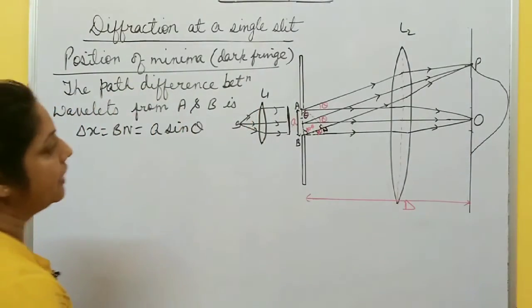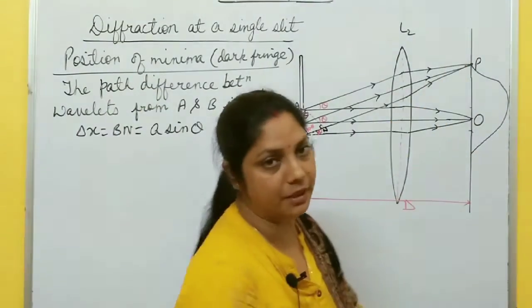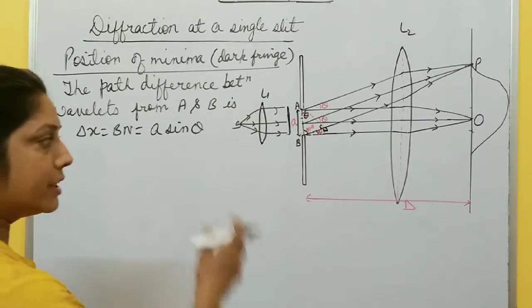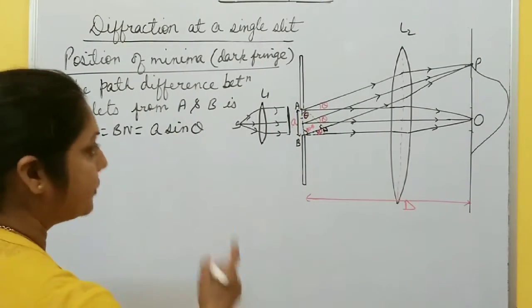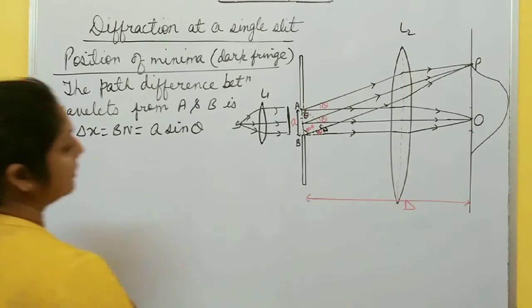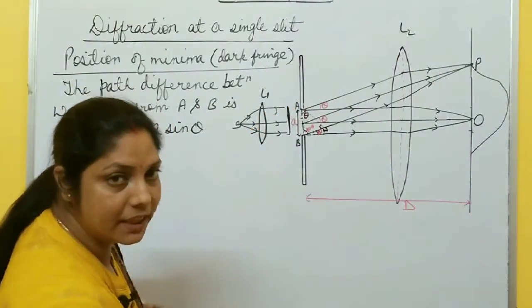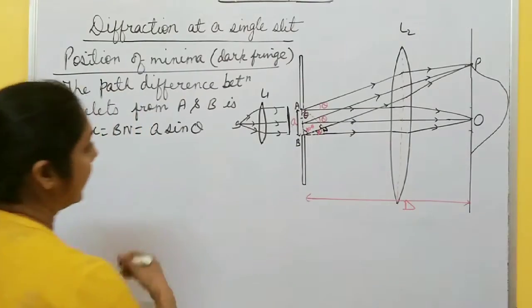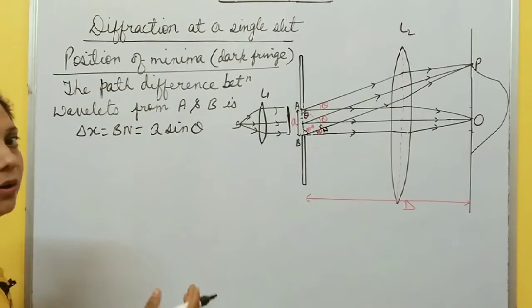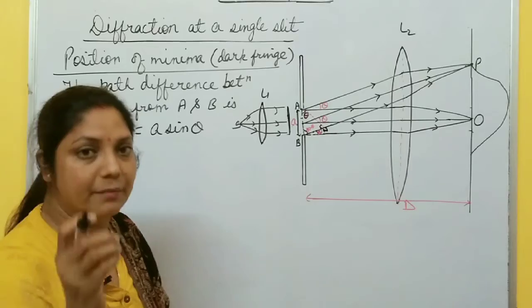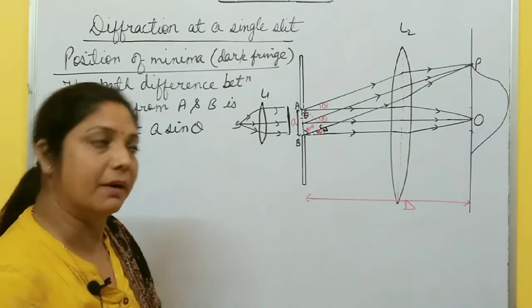Now you have to find the position of the first minima. First let us assume that the first minima occurs when the path difference between the wavelets at points A and B is lambda, and then we will prove how, when the path difference is lambda, the first minima occurs.